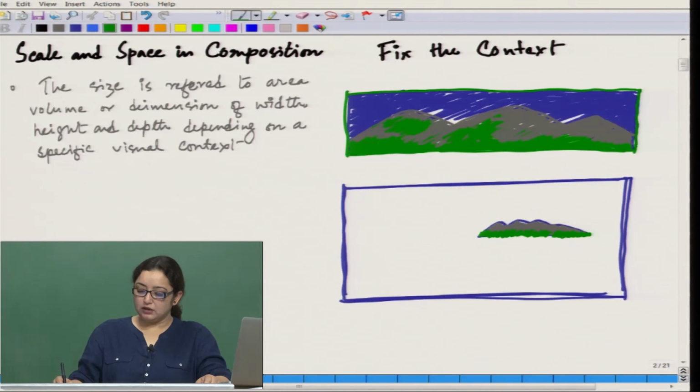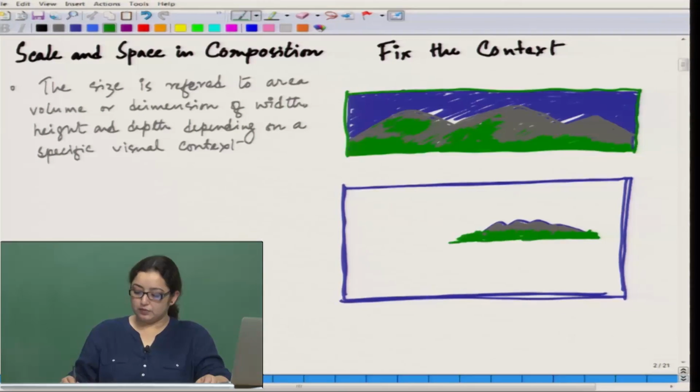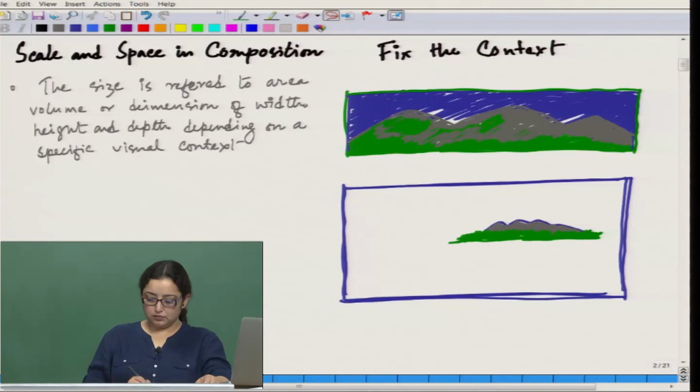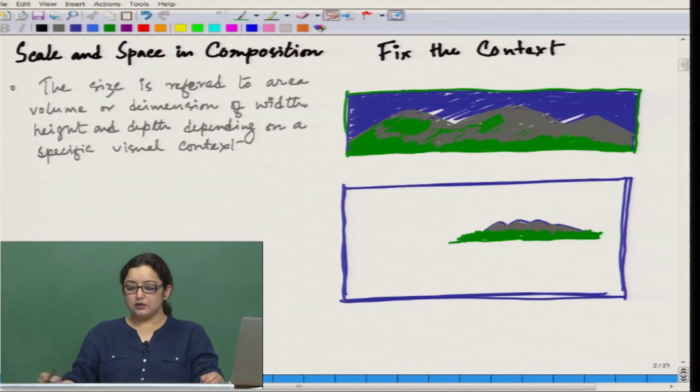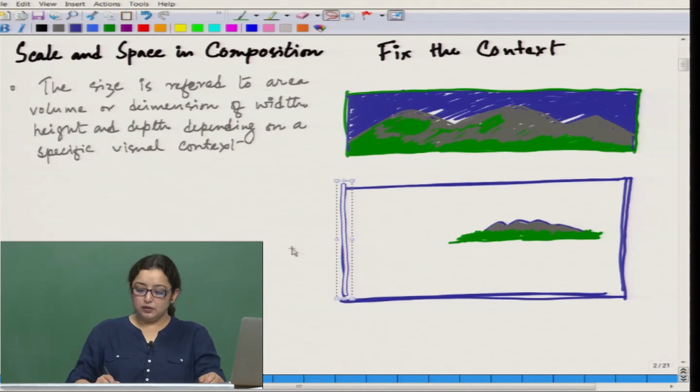We will have the jungle there at the foothill, and the rest of the part will have a blank area.